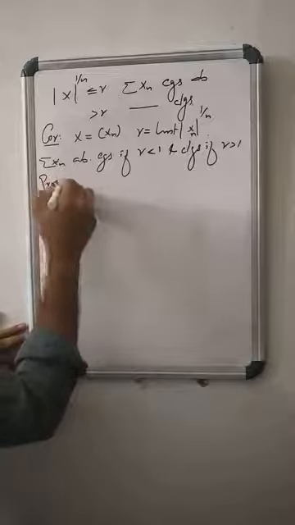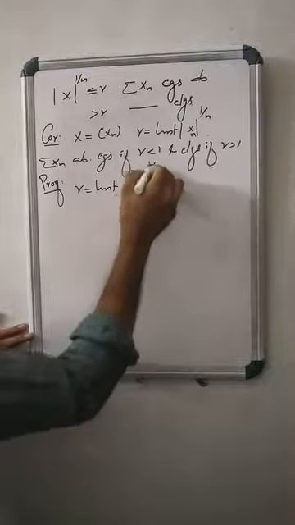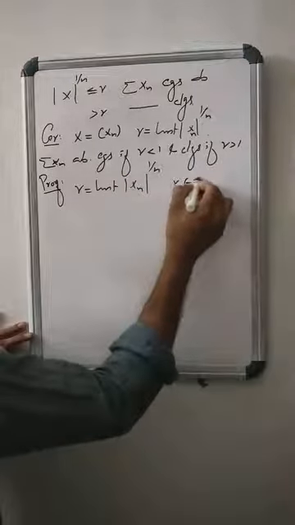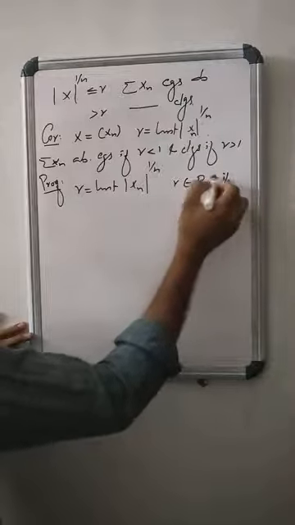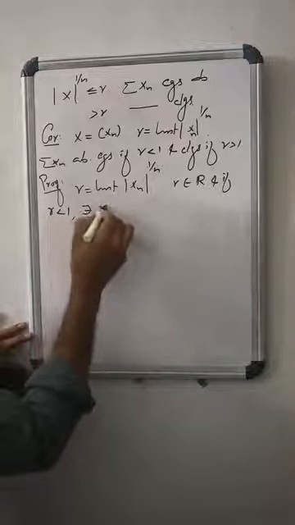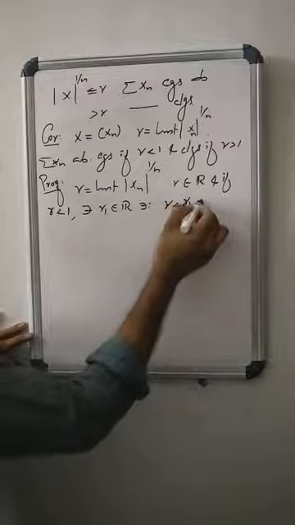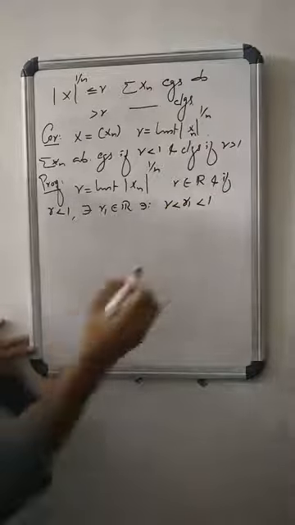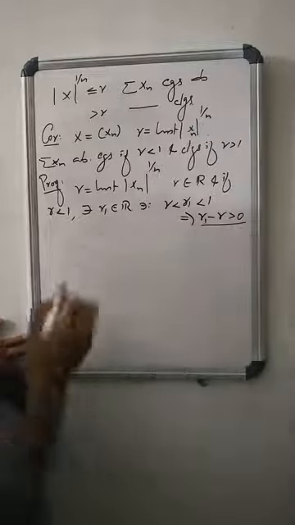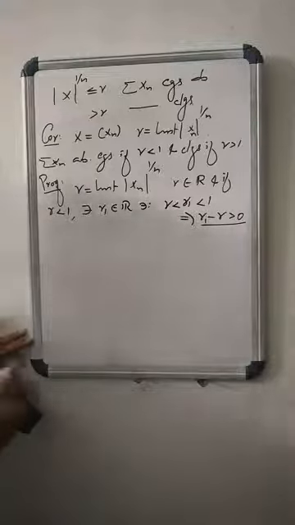Here r equals limit of modulus of x_n power 1 by n, and r is in R. If r is less than 1, there exists some r1 in R such that r is less than r1 is less than 1. R less than r1 less than 1 means r1 minus r is strictly positive.